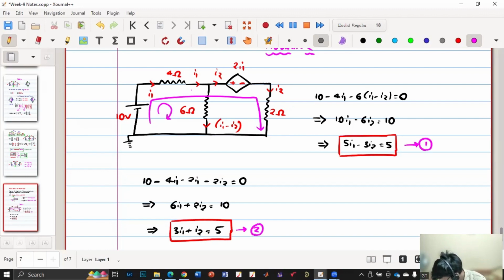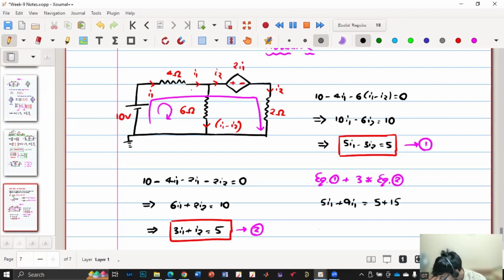Now I will do equation 1 plus 3 times equation 2. Then 5I1 plus 3I1 is 9I1, and 3I2 minus 3I2 will get cancelled, equals 5 plus 15.